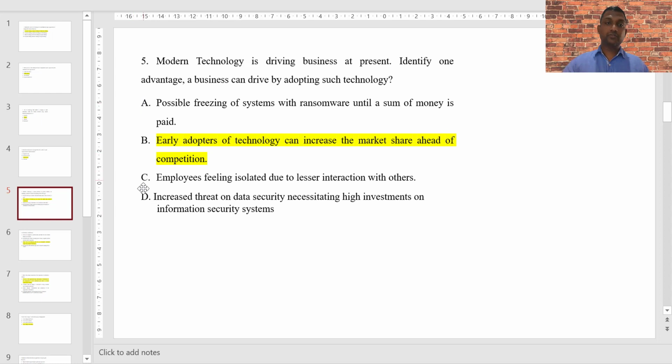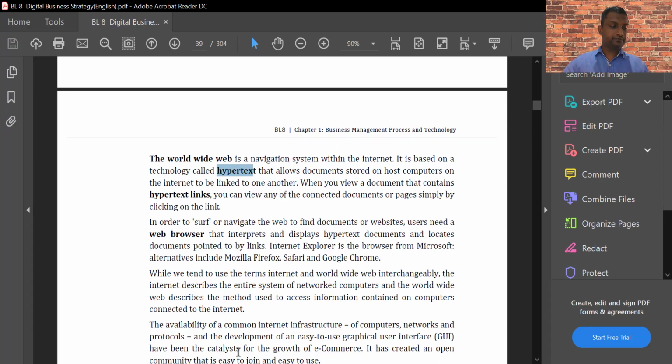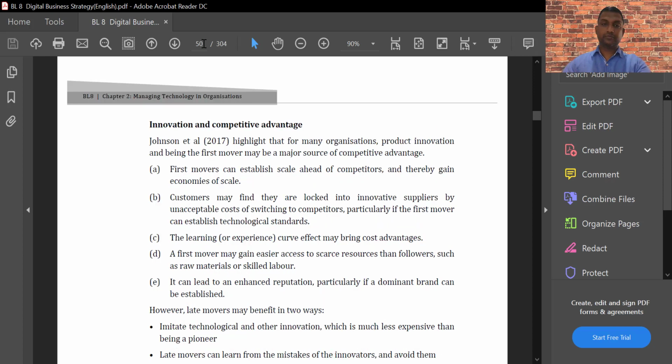Out of these four answer points, you can see that three of them, A, C and D, are disadvantages. B is an advantage. Anyway, let's go to the textbook, the study guide, and see how this is explained.